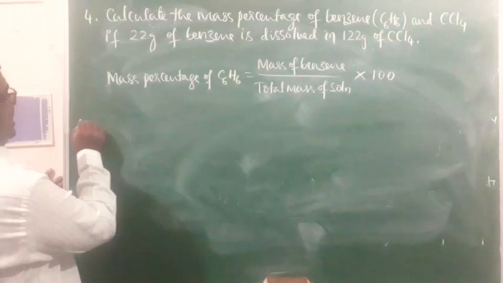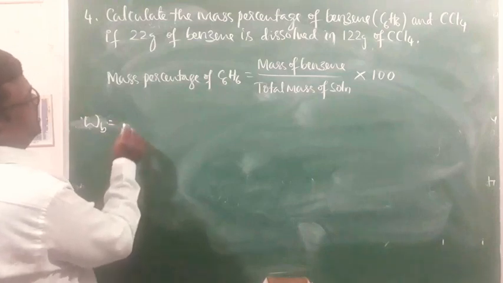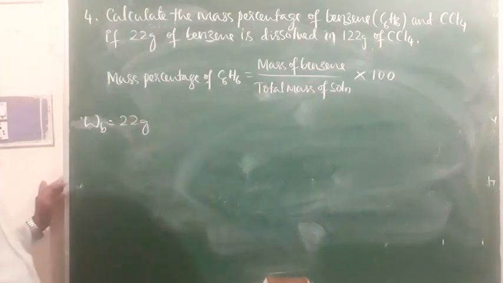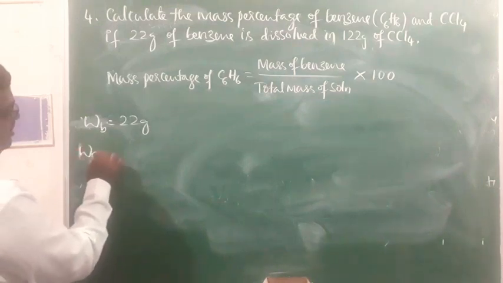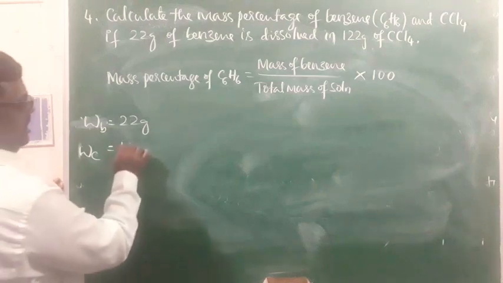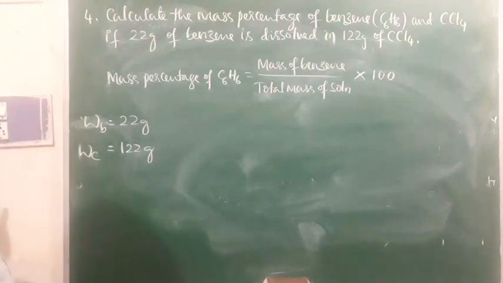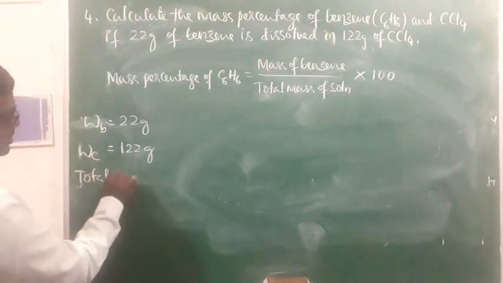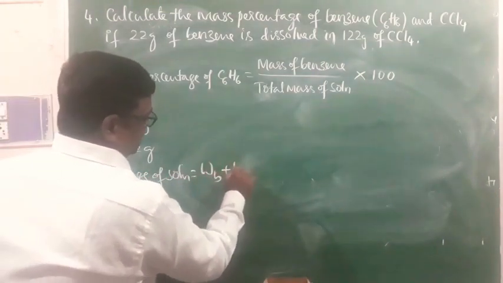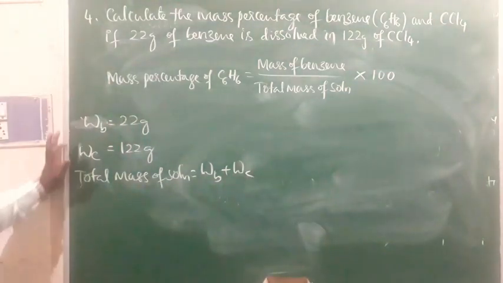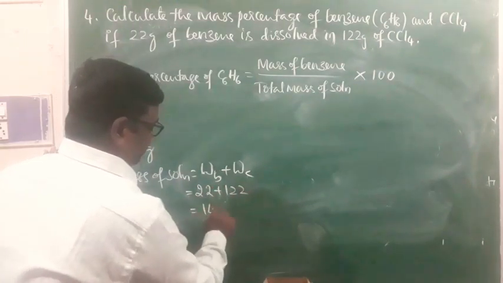As far as mass of benzene is concerned, W, mass of benzene, is 22 grams. And the mass of CCl4, carbon tetrachloride, is 122 grams. Therefore total mass of solution is WB plus WC, mass of benzene and mass of CCl4, that is 22 plus 122, that comes out to be 144 grams.